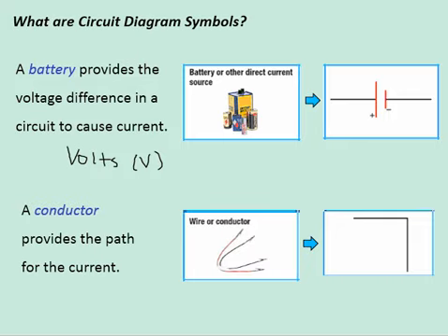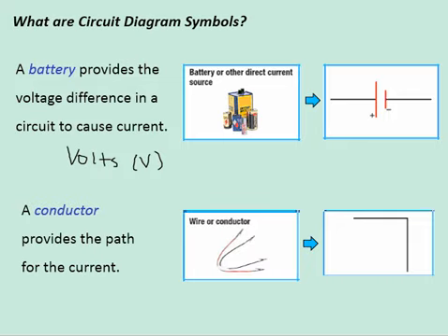It's essentially the path that the current flows through. Now we know that that's been provided by wires, but sometimes we don't want to draw the wires exactly as they are because they're not always very neat. So we always want to represent our conducting path as a nice straight line.